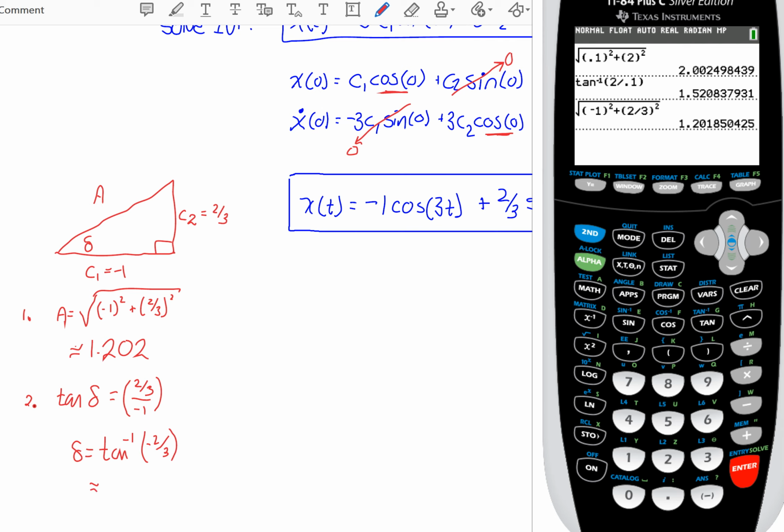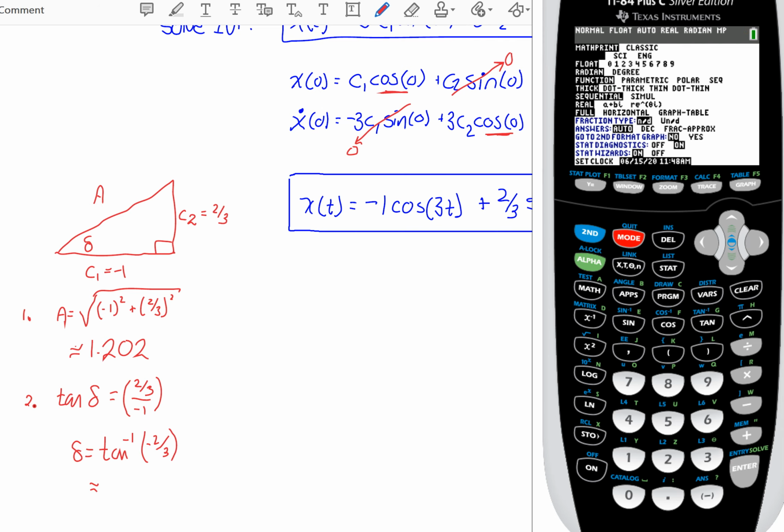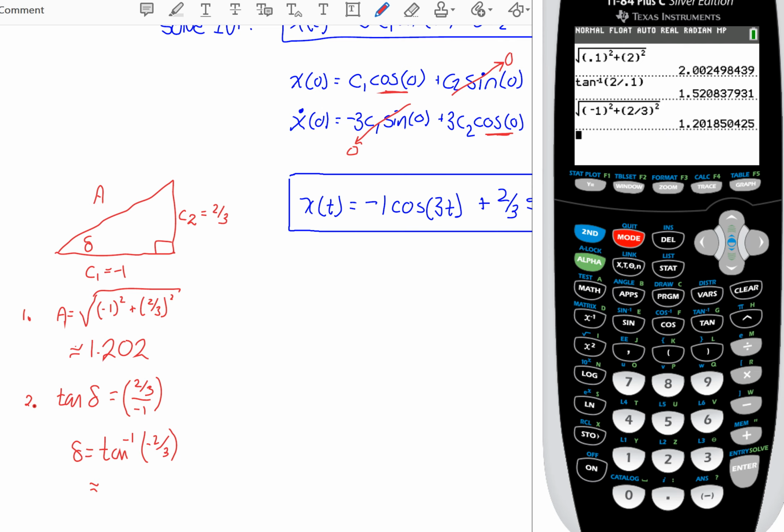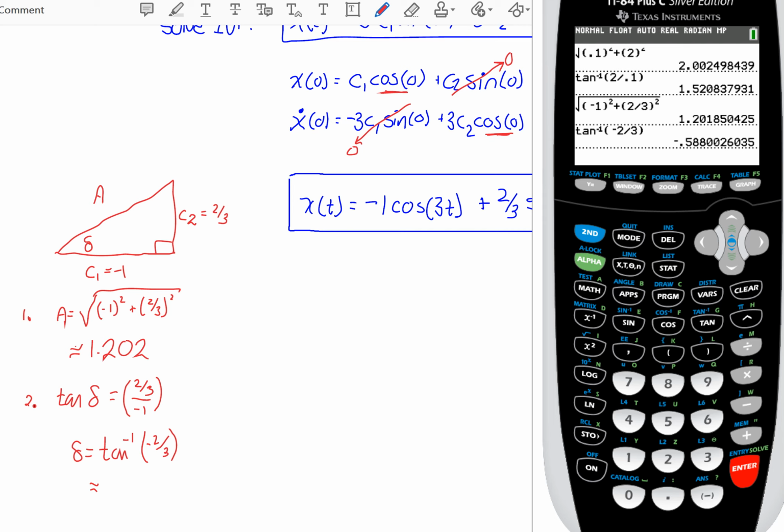Again, make sure your calculator is in radian mode. So hit the mode button on your calculator. Verify that you are in radians. And we'll now look at the arctangent of -2/3, which is -0.588.